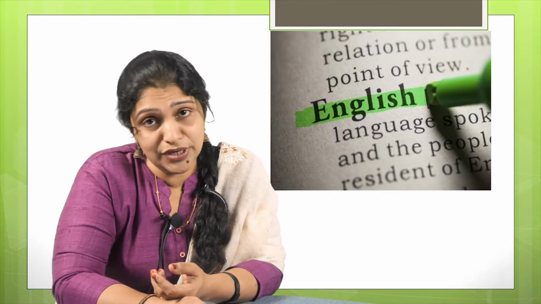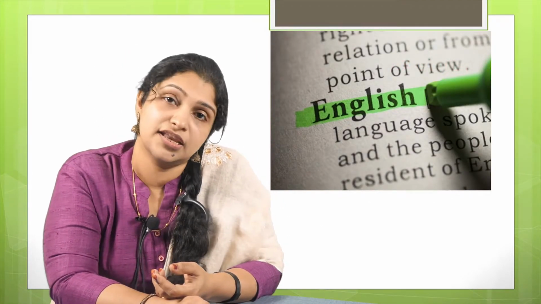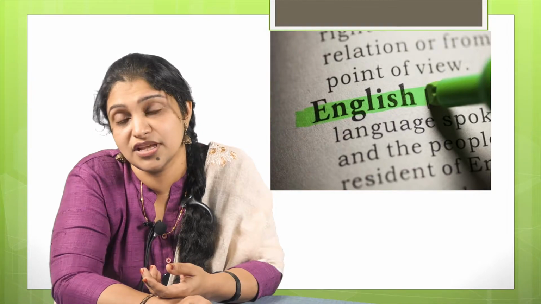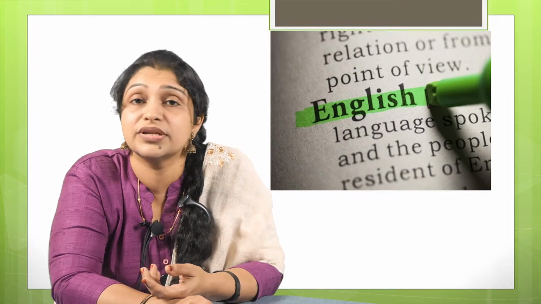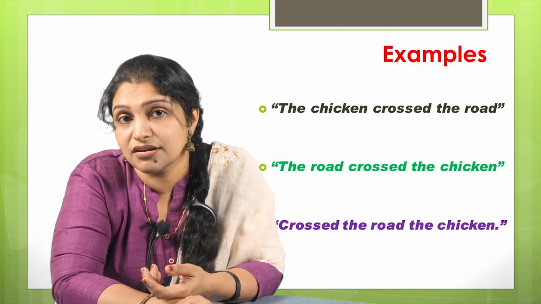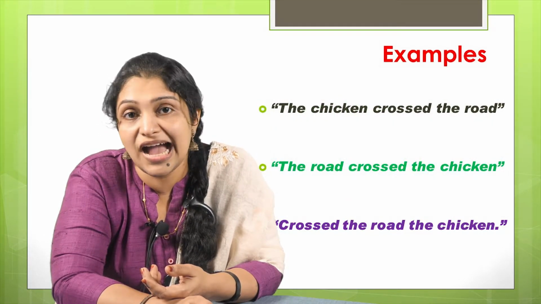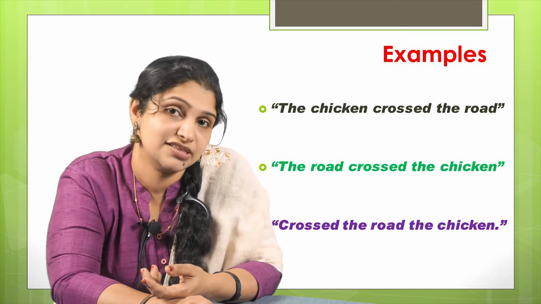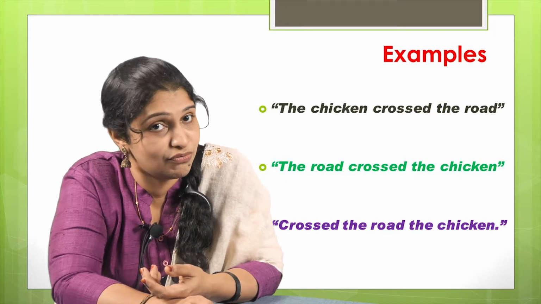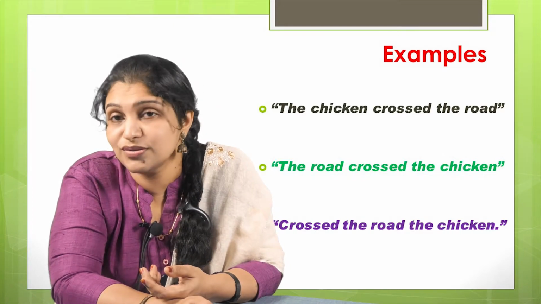The sequence of words is critical when communicating in English because it can impact the meaning of what you're trying to say. Different meanings, different interpretations, a different way you perceive things according to the word order. Now, take the sentences: the chicken crossed the road, and the road crossed the chicken.